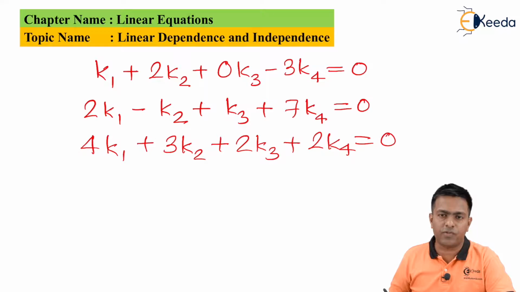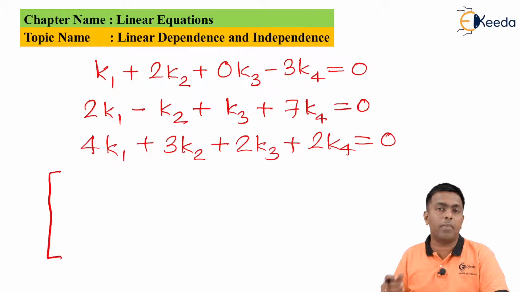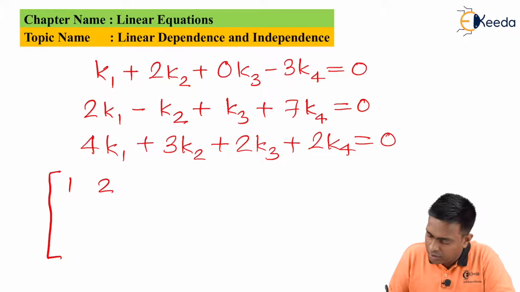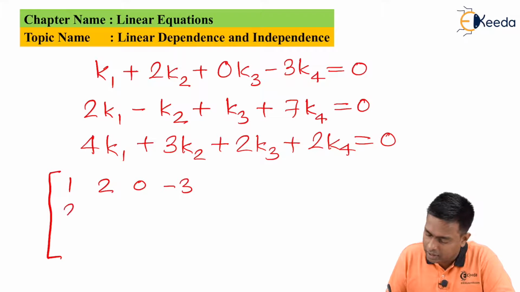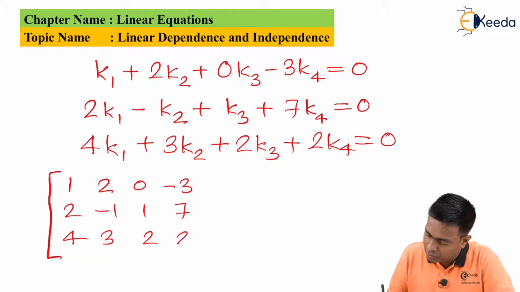In the matrix form, the first matrix is the matrix of coefficients. Here the coefficients are 1, 2, 0 and minus 3. In the second row, that will be 2, minus 1, 1 and 7, and the third row is 4, 3, 2 and 2.